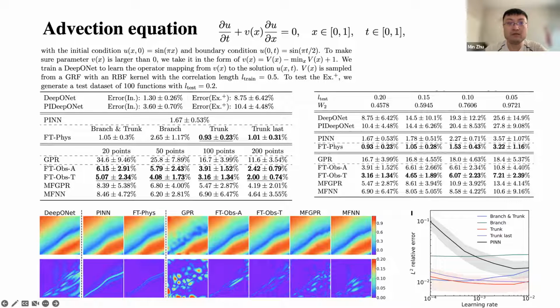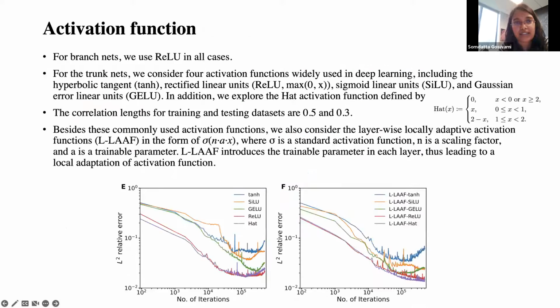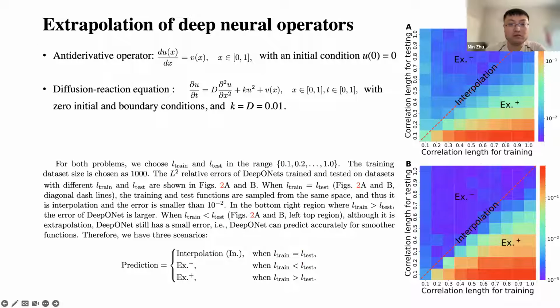Okay, yeah. And I had one more question for you. When you talk about extrapolation, you mentioned that you have EX plus and EX minus. So L test 0.2, should that not be EX minus? In the same slide.